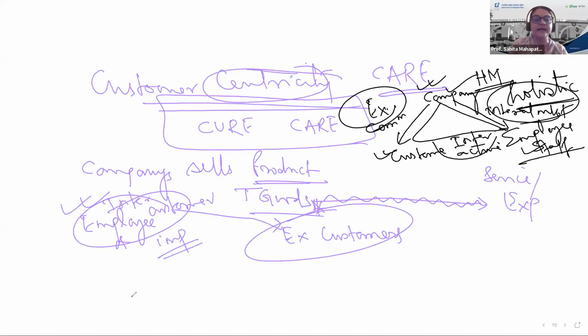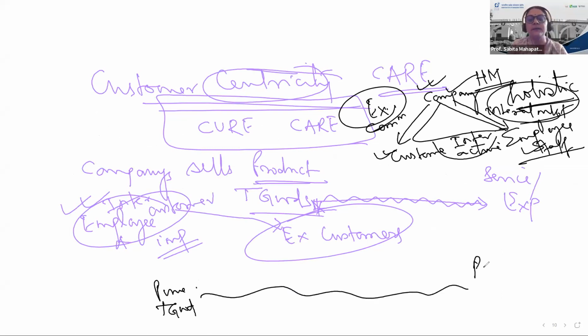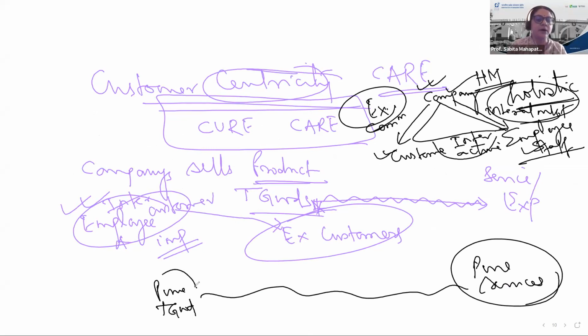I said that it will move from tangible goods, which is pure tangible goods, which is hardware, and you slowly go towards pure services. When I say pure services, it is like consulting, therapy, counseling. When I say pure tangible good, it is the hardware, maybe a keyboard, maybe a mouse, maybe a laptop.